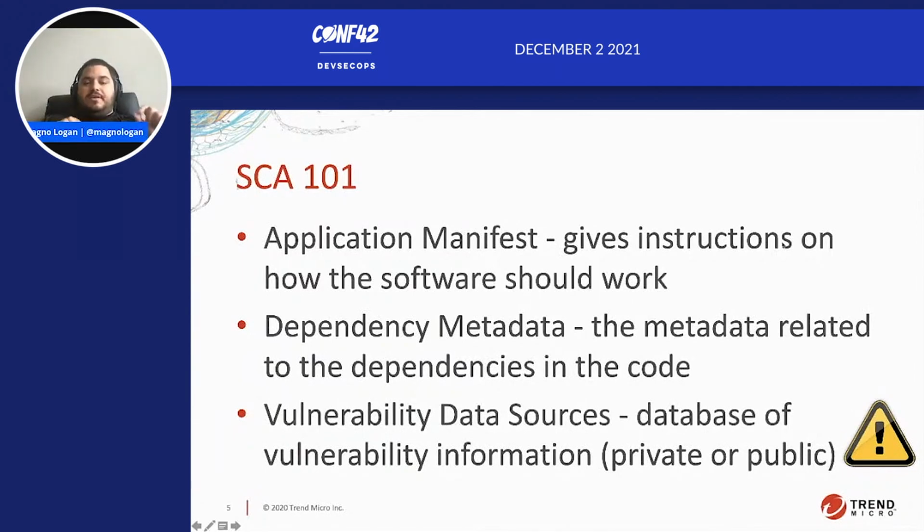And the last thing you also need is the vulnerability data source, right? How are you going to compare if the library that you have in your code is outdated or vulnerable, right? You need to compare with something, right? And so that is the vulnerability data source, which is a database of vulnerability information. It can be private or public, right? The most common public one is NVD, or the National Vulnerability Database.